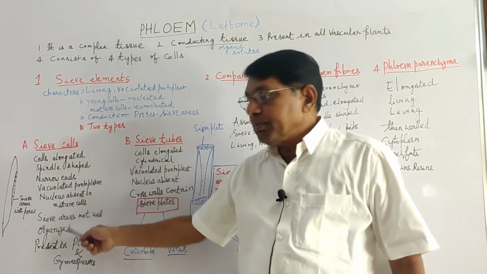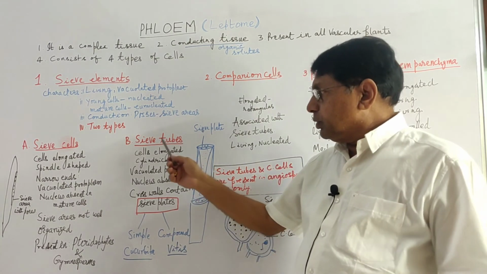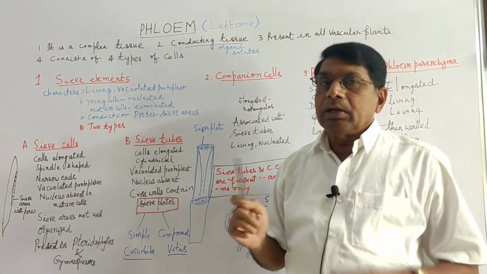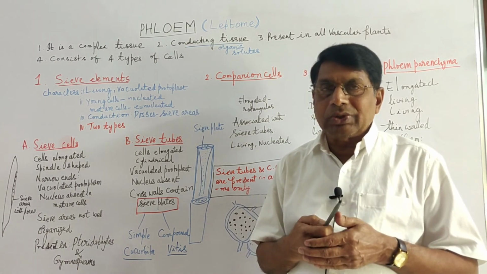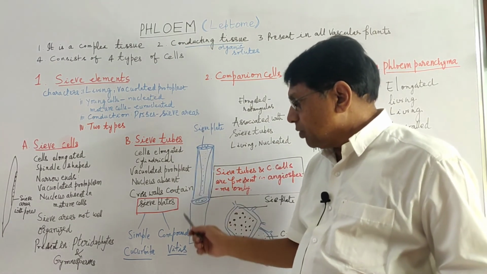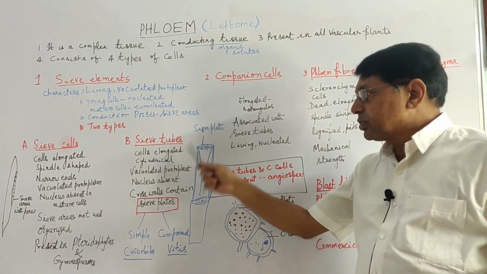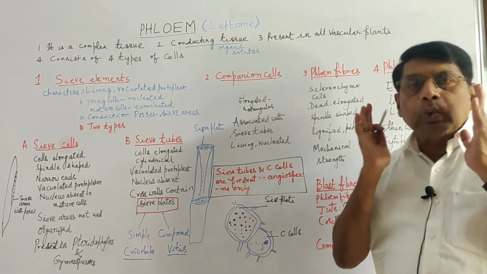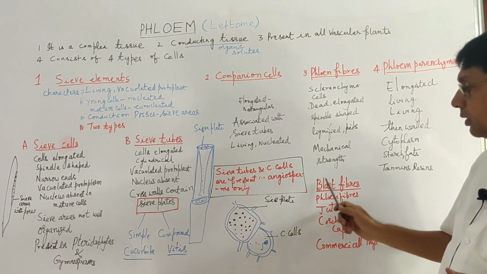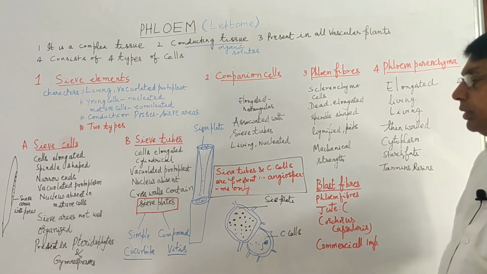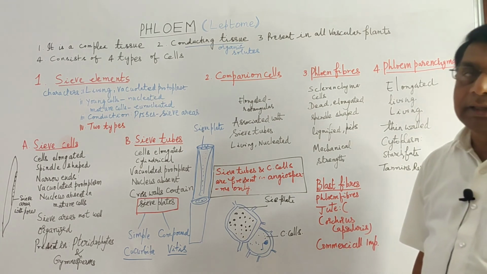Sieve areas are present on lateral walls. The sieve tubes contain well organized sieve plates with sieve pores on end walls, the cross walls. Then companion cells are always associated with sieve tubes, present only in angiosperms. Phloem fibers, remember, are bast fibers. Then there is the phloem parenchyma.